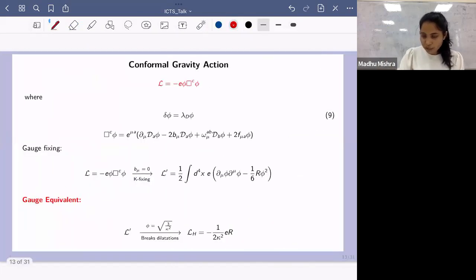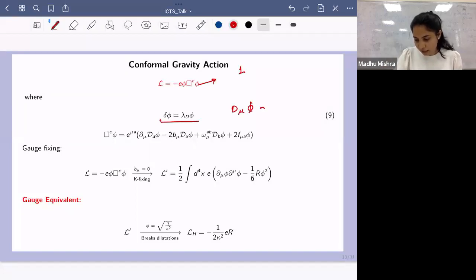Okay, so this is the action that we have introduced, which is coupled to conformal gravity. This scalar has Weyl weight 1, and it doesn't transform under Lorentz transformation or special conformal transformation. So this is the transformation of the scalar field, and the covariant derivative we can write as del mu phi minus b mu phi.